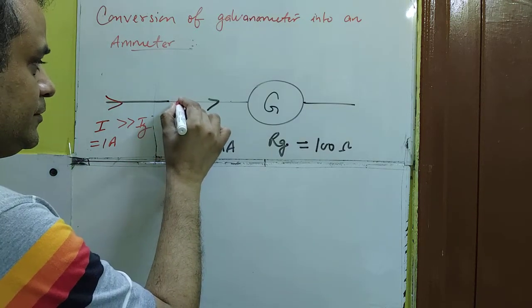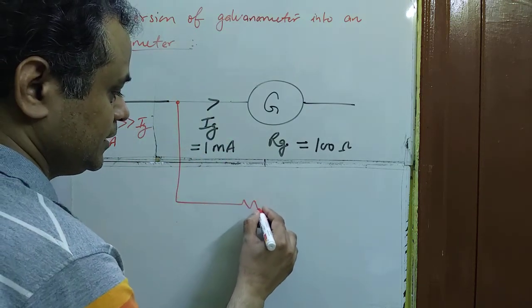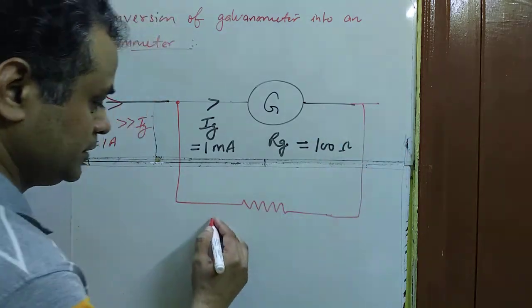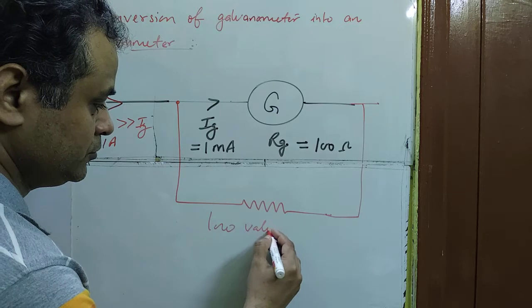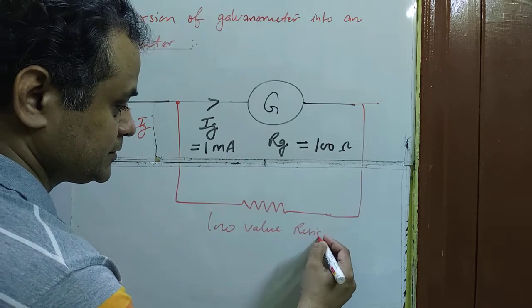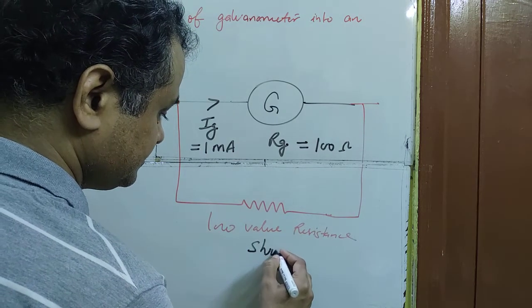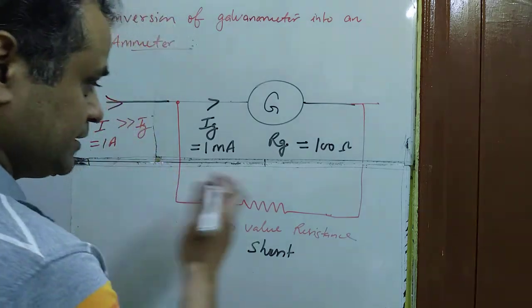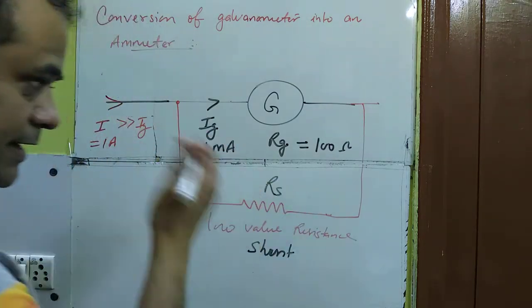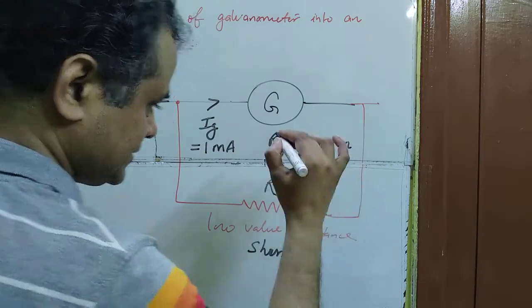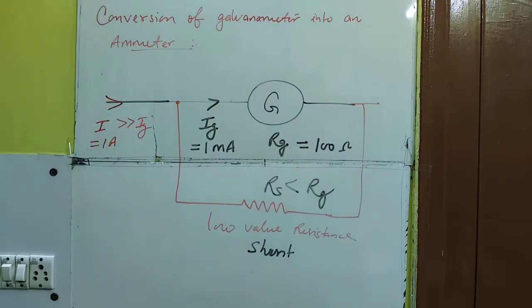First change, we connect a resistance of low value, and it is known, children, as the shunt. Suppose that the resistance is Rs, and remember that the value of Rs is less than Rg.